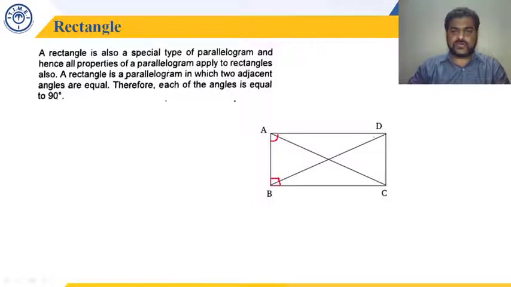So angle A is also 90 degrees, angle D is also 90 degrees, angle C is also 90 degrees. In this figure, opposite sides are parallel and equal, and opposite sides are parallel also. So this is the same as the property of a parallelogram.